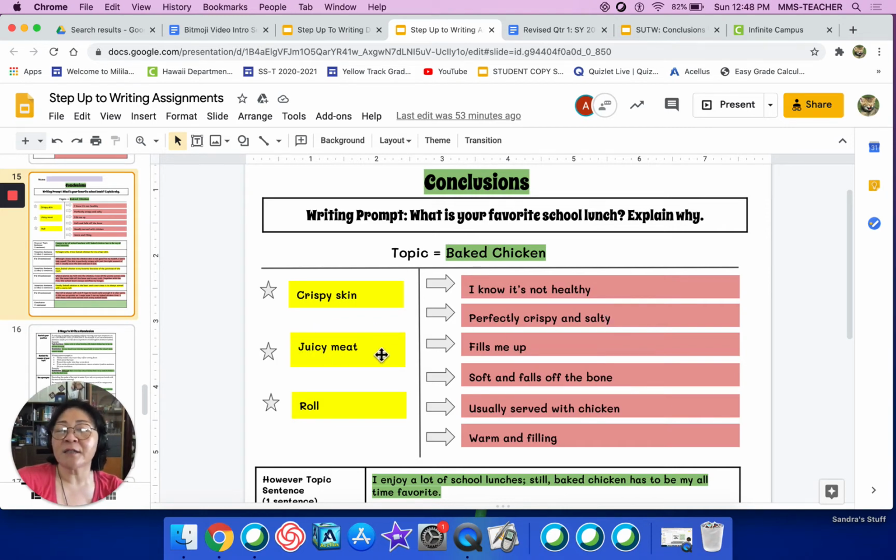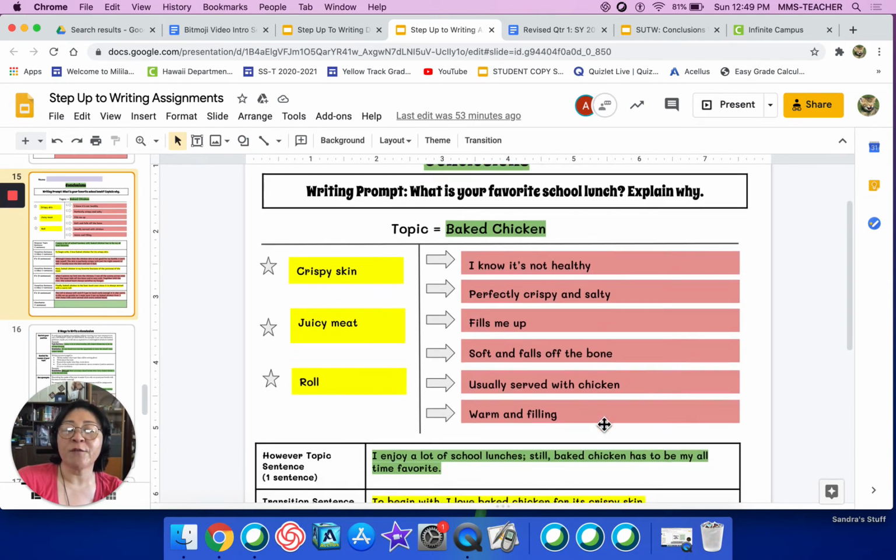The second star idea is that there's juicy meat in the baked chicken, and that juicy meat fills the person up and is soft and falls off the bone. The third star idea, why they like baked chicken, is that there's a roll, and it is usually served with chicken, and the roll is warm and filling.